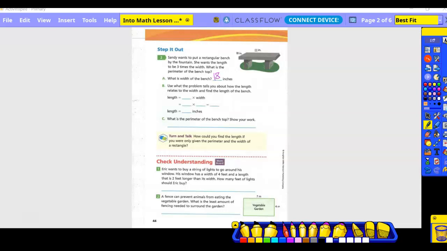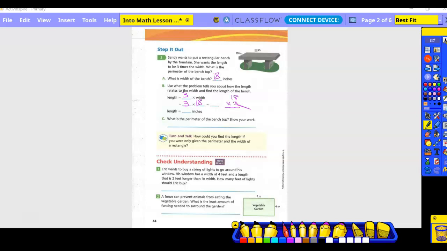Use what the problem tells you about how the length relates to the width, and find the length of the bench. So our length, what did it say, was how much longer than the width? 3 times, right? So we're going to take 3 times the width. What's the width? 18. So over here I'm going to do 18 times 3.